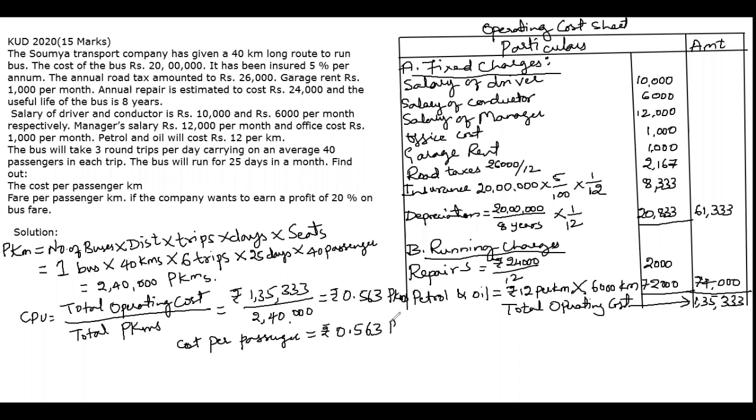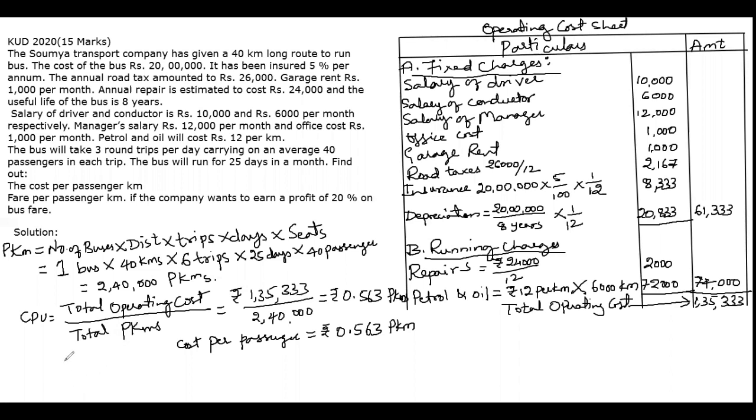But for this, we have to add 20% on total takings. Total takings means total cost plus profit will be the fare. But we don't know what is the profit amount. We have to calculate the profit amount. So as we used to calculate in cost accounting, when we have 20% on sales, we have to take 25% on cost.